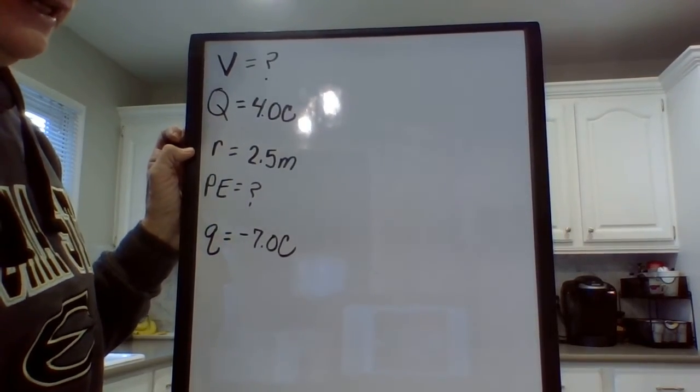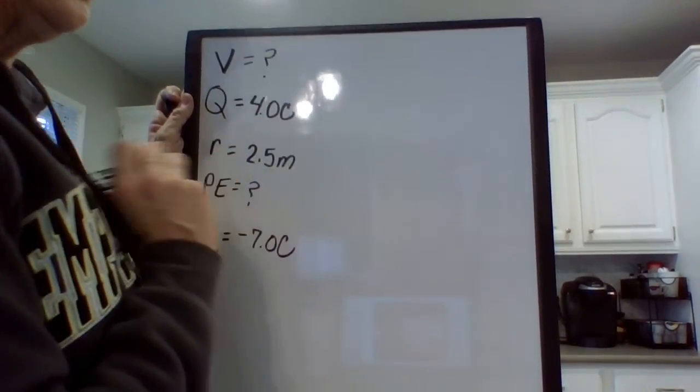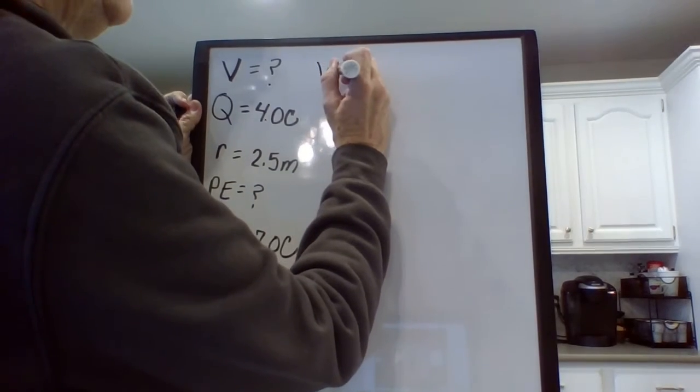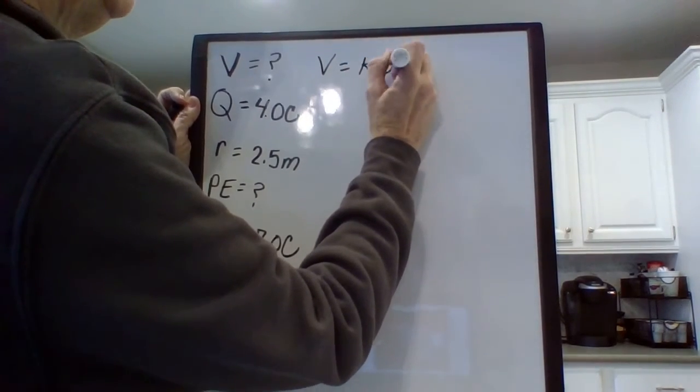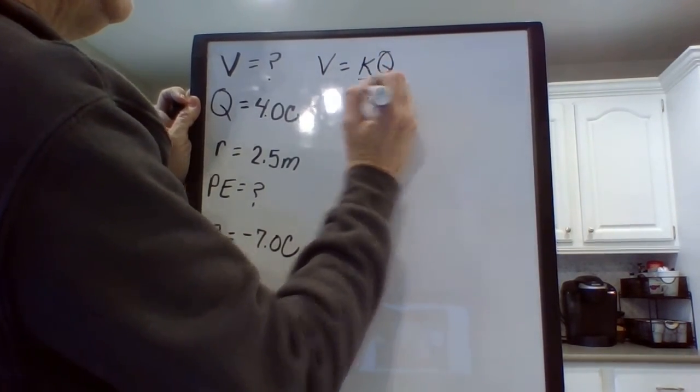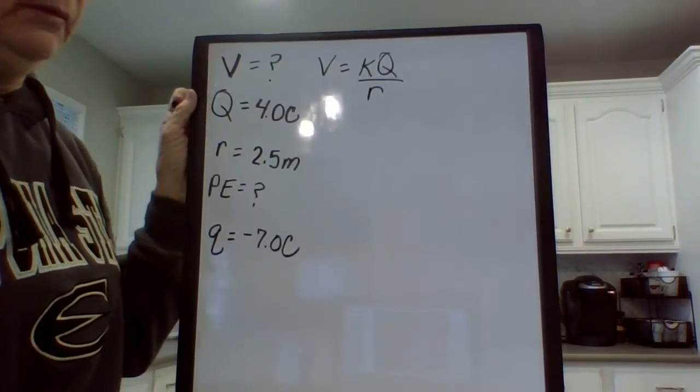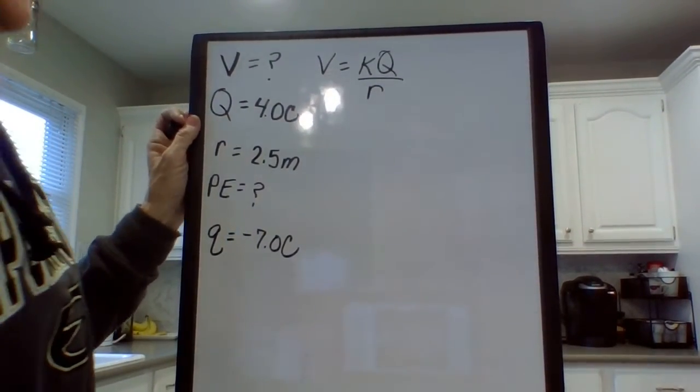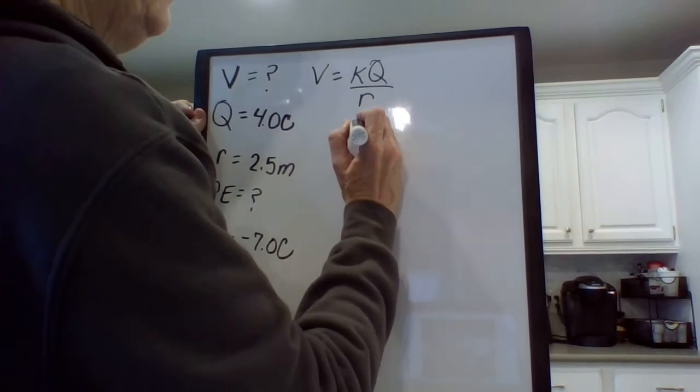So to find the electric potential, according to the equations, this is the equation for electric potential. Remember, K is Coulomb's constant.